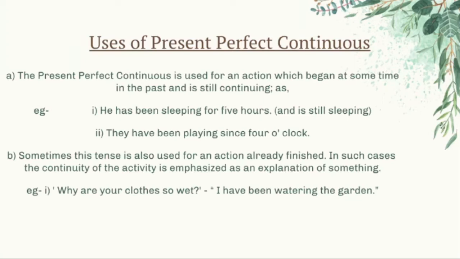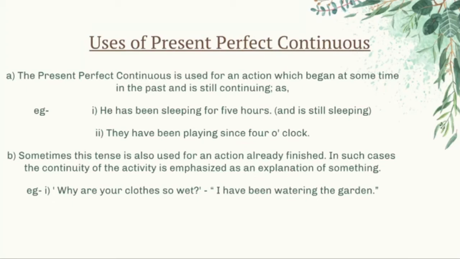The second use, children. Sometimes this tense is also used for an action already finished. Now, in such cases, the continuity of the activity is emphasized as an explanation of something. For example, why are your clothes so wet?